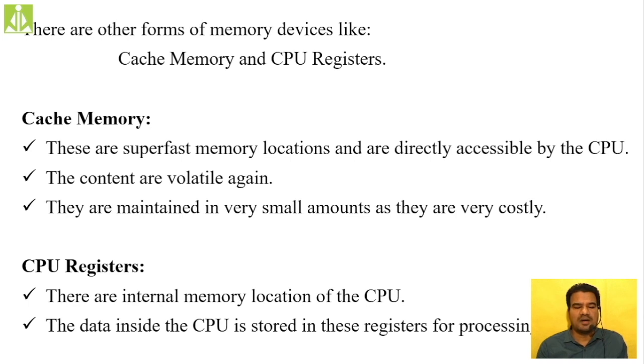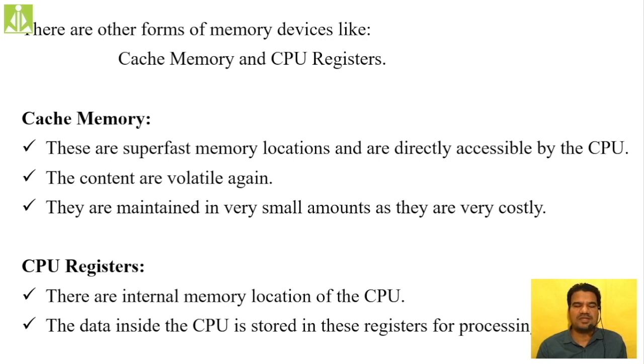And the next thing, the final one, the ultra fast memory, faster than your cache memory, that is the CPU registers, the memory chips we have inside your processor.